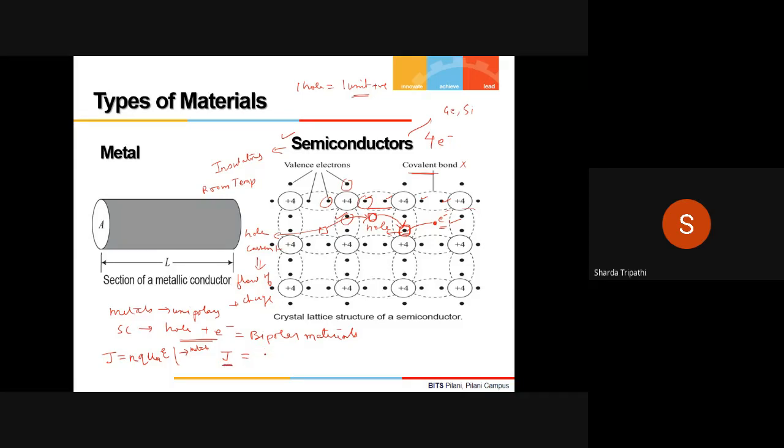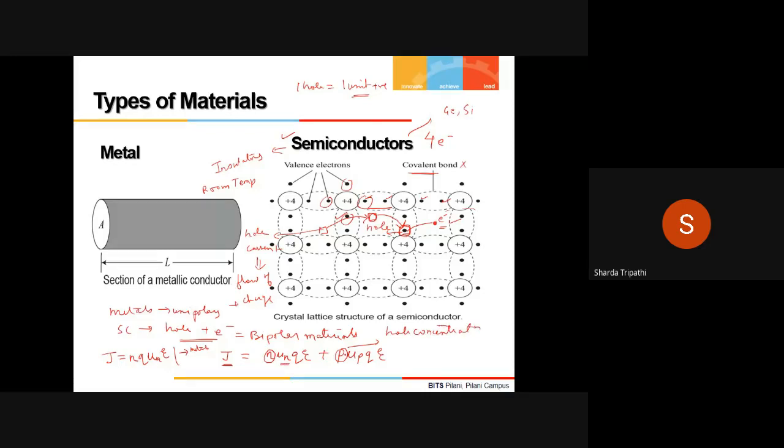So in this case, I will say that J is equal to small n into mu n into Q into E plus small p into mu p into Q into E. So just as small n was free electron concentration, small p will be the Hall concentration.